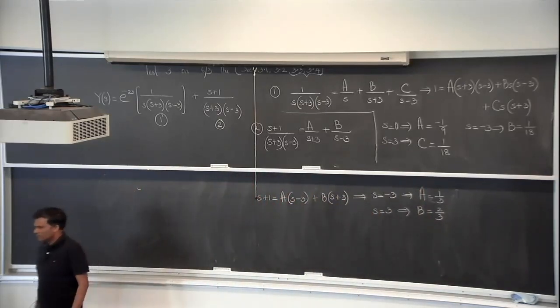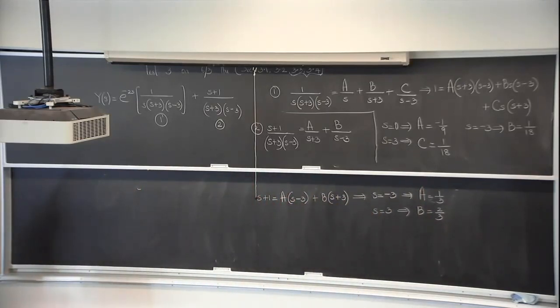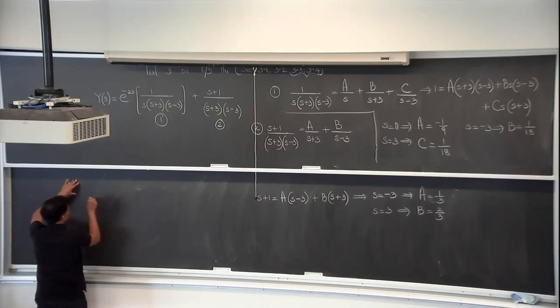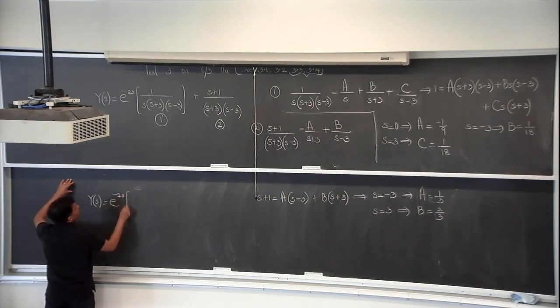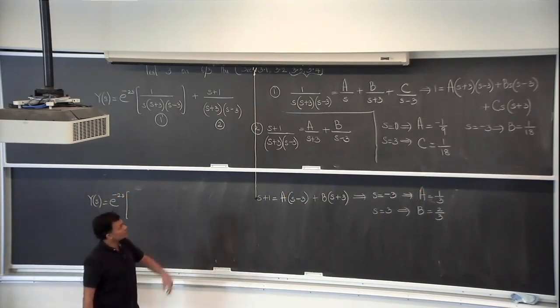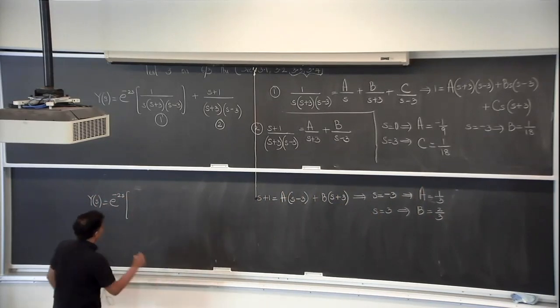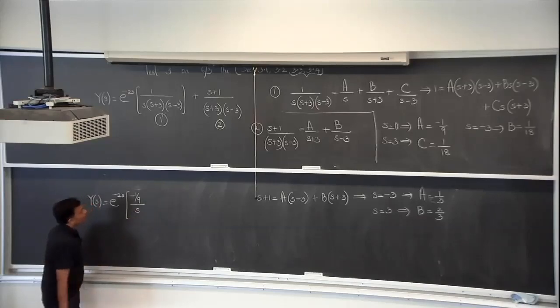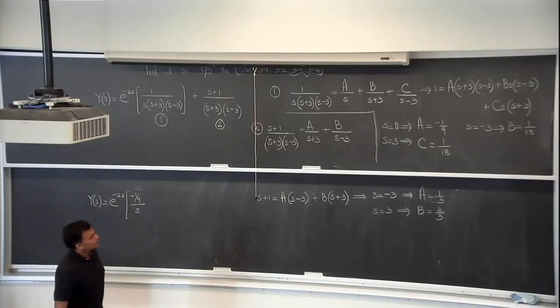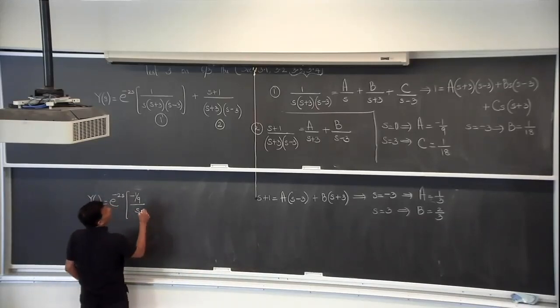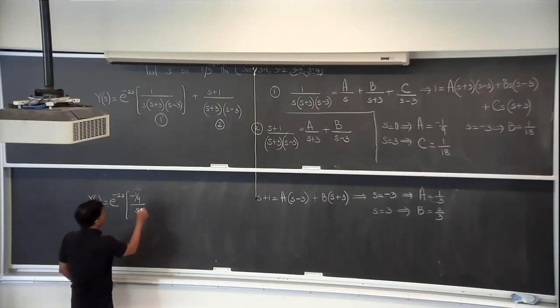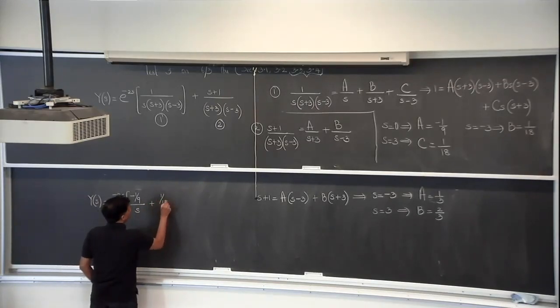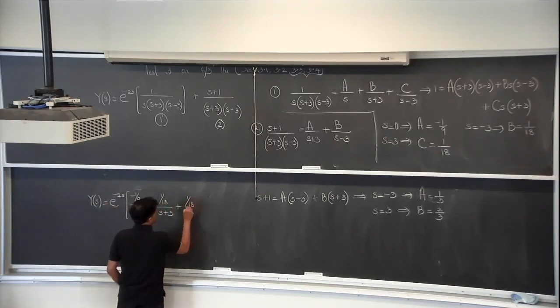Okay, don't forget e to the power of -2s when you pull it down. So that's going to be Y of s equal to e to the power of -2s times the first block, which was -1/9 over s, plus 1/18 over s plus 3, plus 1/18 over s minus 3.